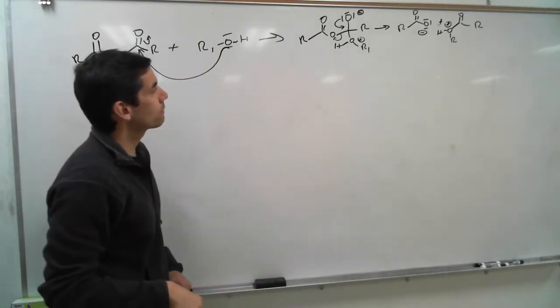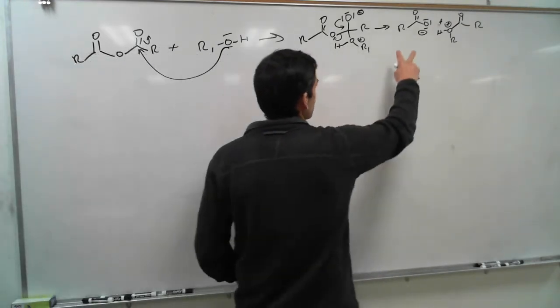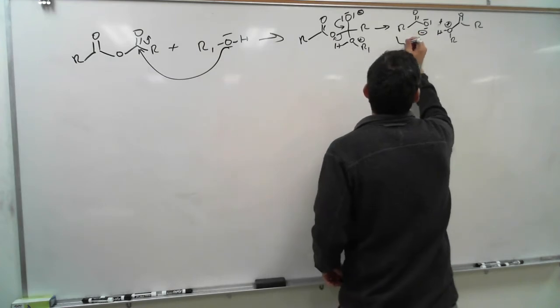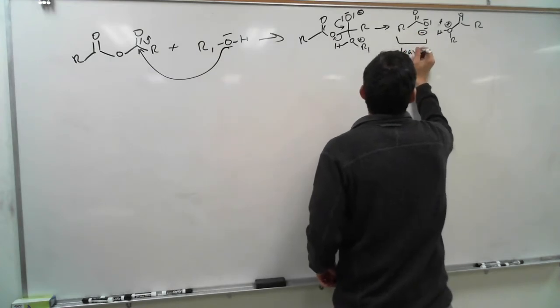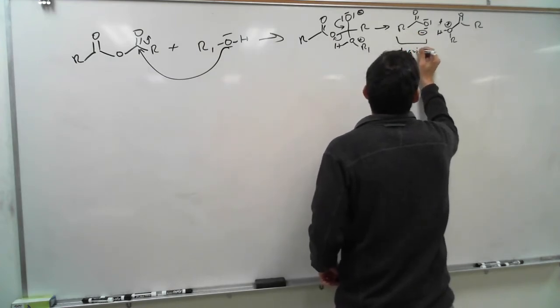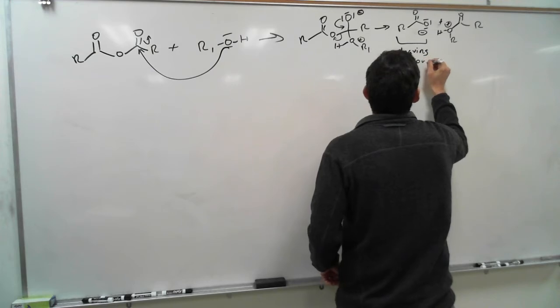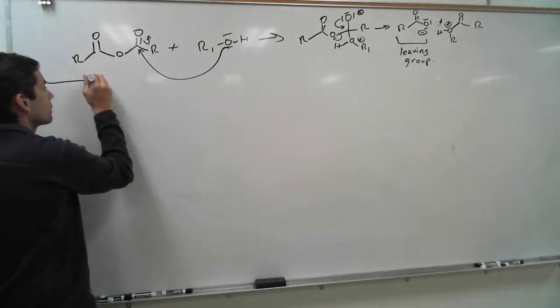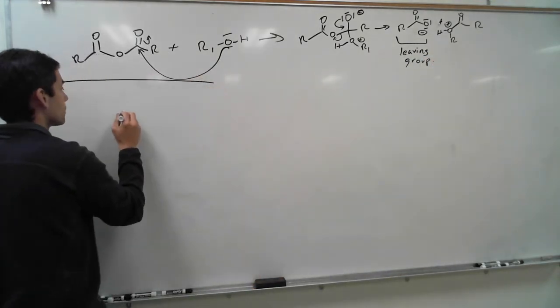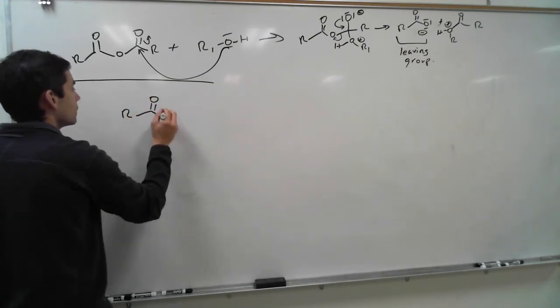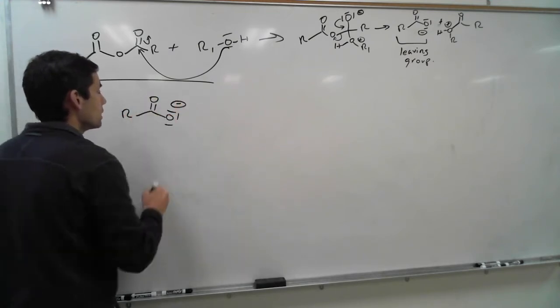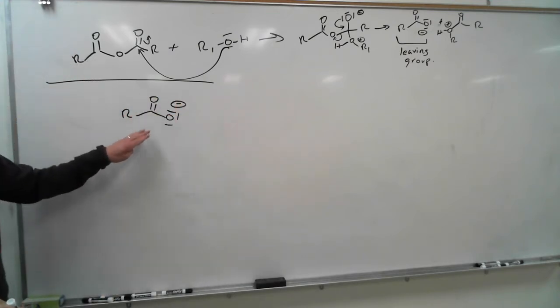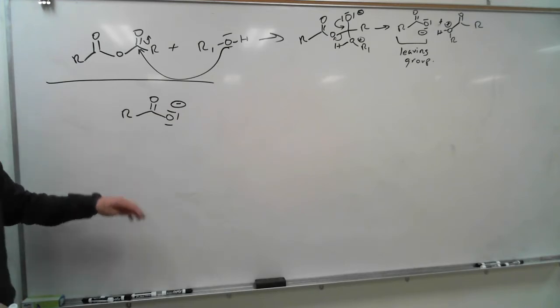And so really, before we finish this mechanism, let's look at this group here as our leaving group, right? This was our leaving group. So briefly, let's look at that leaving group here. Now, if we look at this in terms of being a leaving group, why is it a good leaving group?